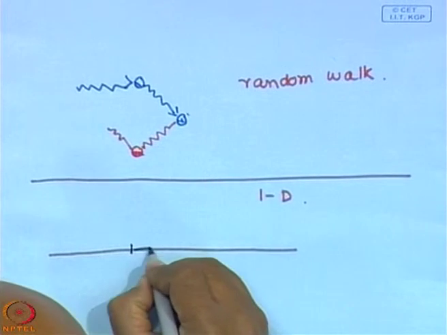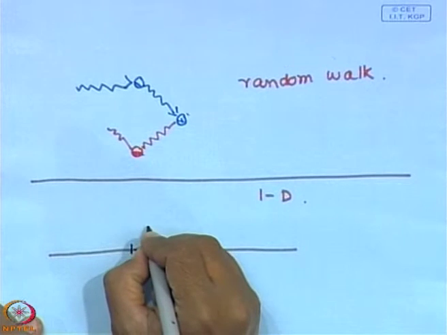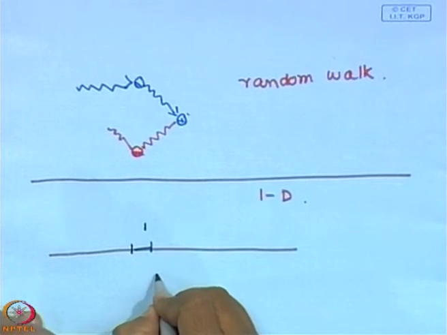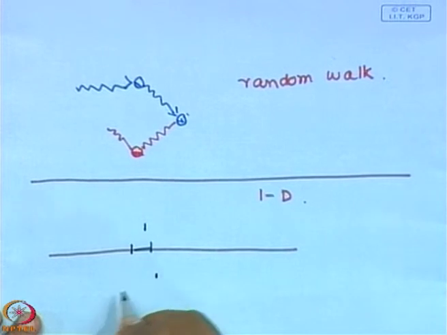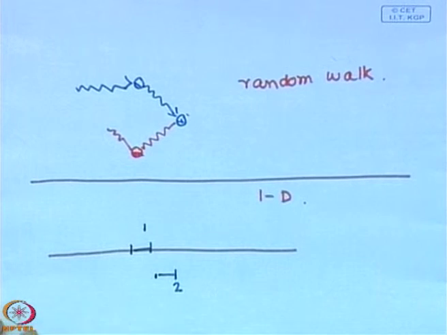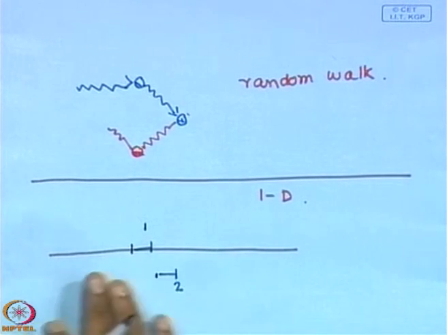So, let us say that it goes one step to the left, this is the first step, step 1. Then in my second step, again it can go either to the left or to the right. So, let us say it goes to the right once, this is step 2. And each step it randomly decides whether it will go to the left or to the right.